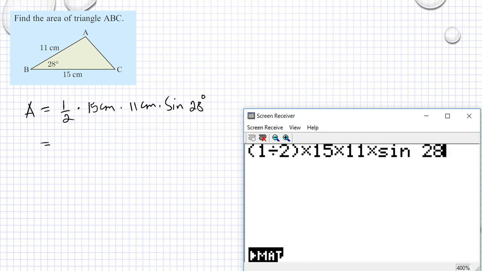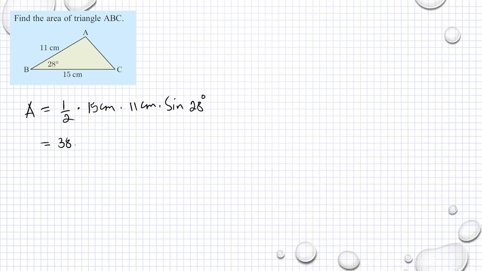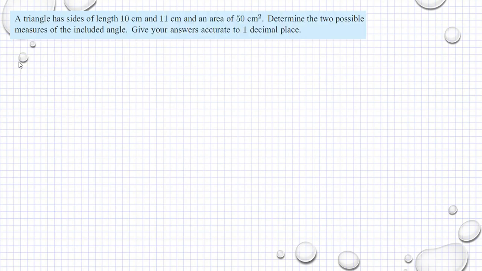Be sure that your calculator is in degrees, not in radians, because we're using degrees right now. Maybe later you can use radians instead. Then we have 38.73 square centimeters.